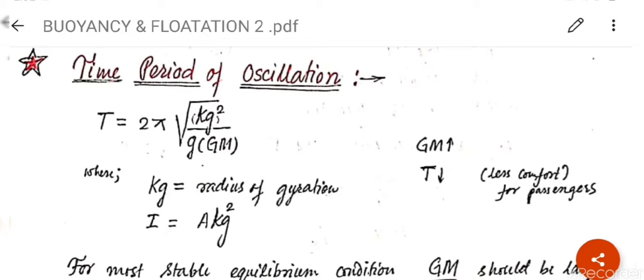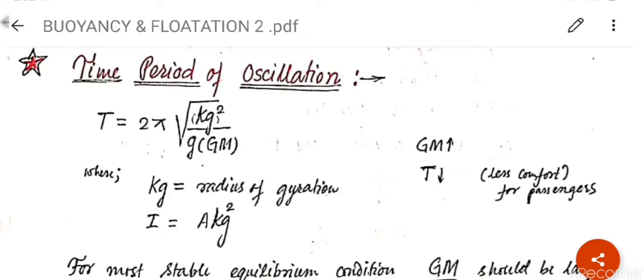T in this case is inversely proportional to GM. If we increase GM, T will decrease, meaning the time period of oscillation will decrease and more oscillation will take place. So see the next point, GM increases means that time period decreases.